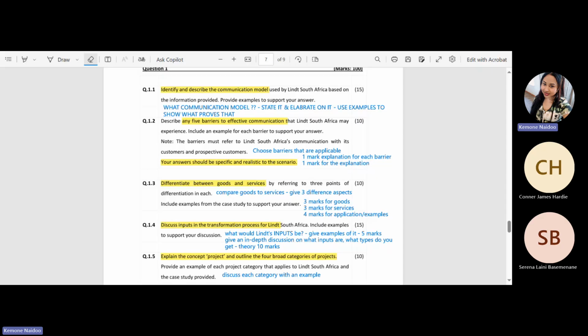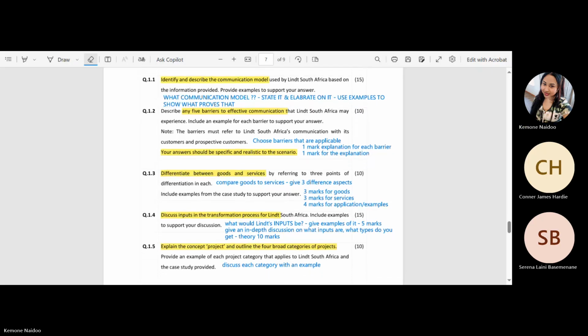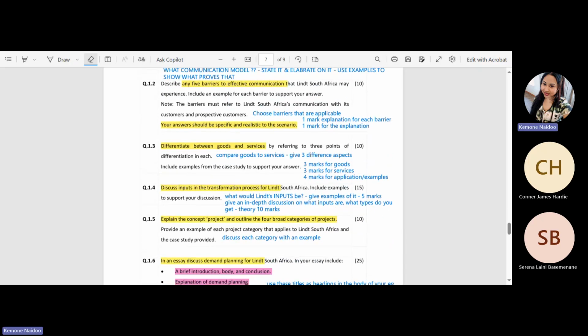Please write a little bit more than just 5 lines because we need to hit 15 marks. So in order to achieve that, you need to actually have quite a lot of theory.